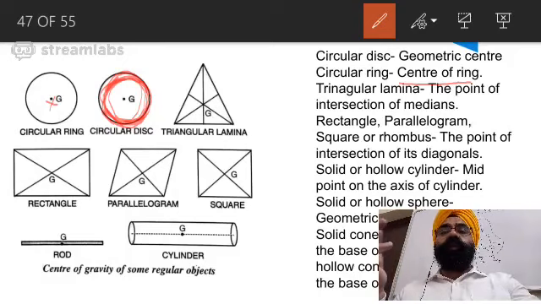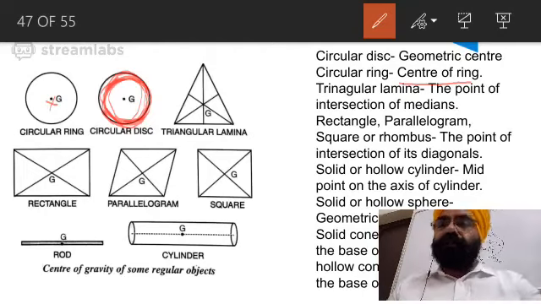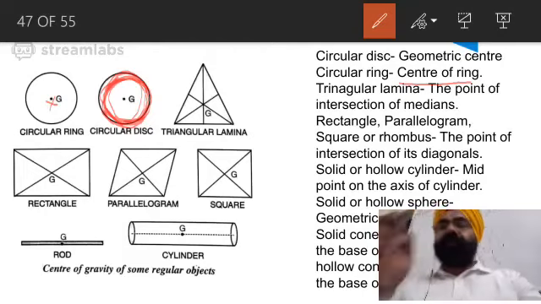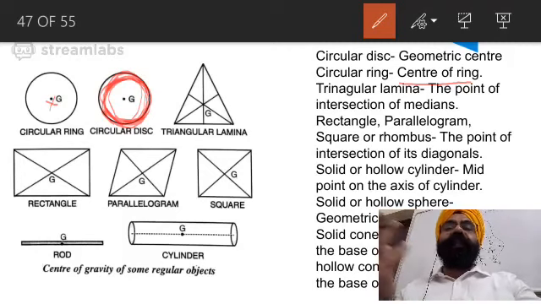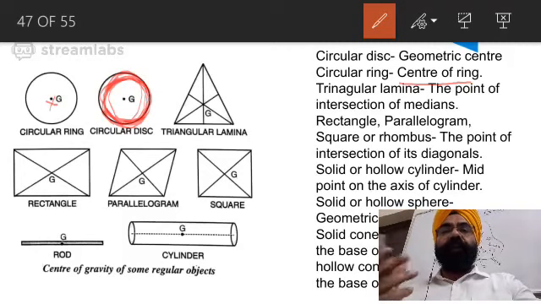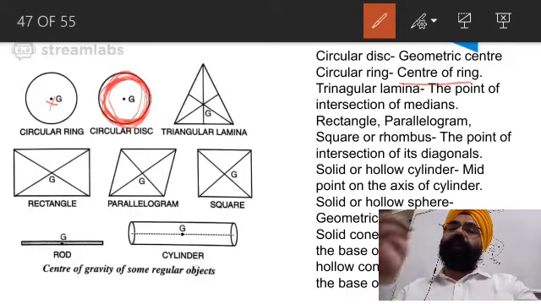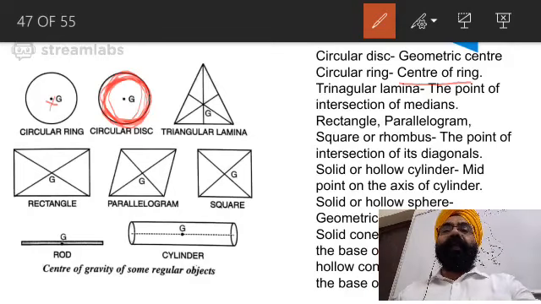A boomerang's center of gravity is also in the air. It is not in the material. Yes, it happens, because after all it's the moments created by the particles of the body which have to be balanced. So if there is a point around which the moments are getting balanced, we'll have the center of gravity there. It's not necessary that the center of gravity has to be in the material.